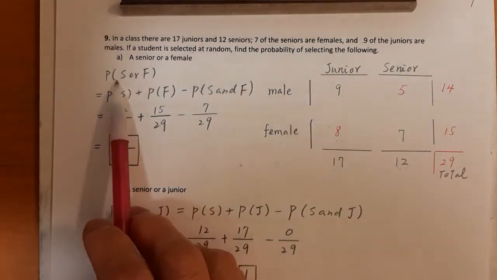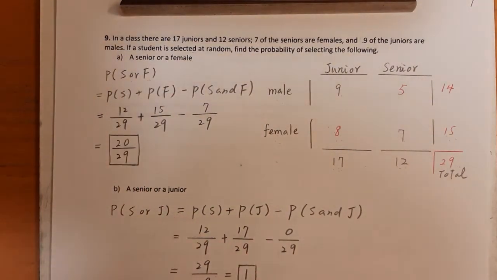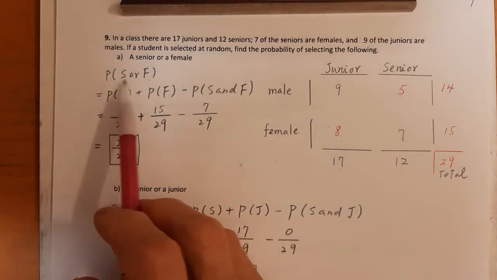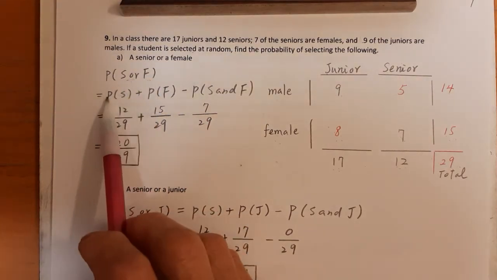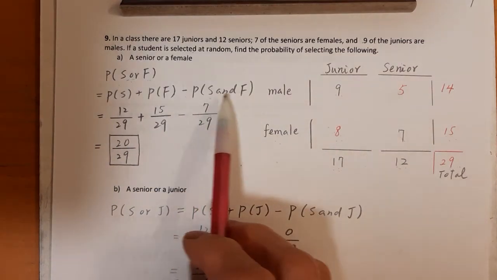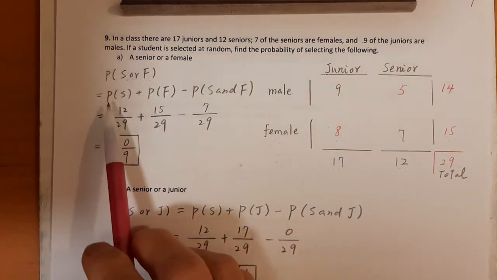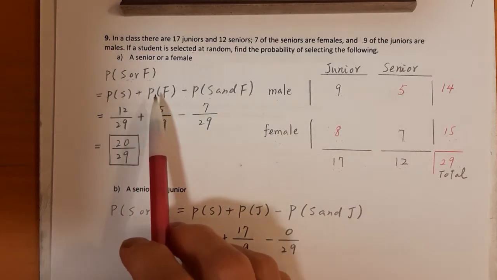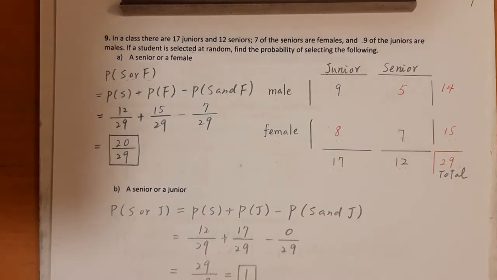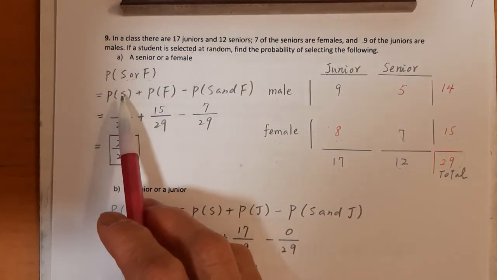So we are looking for the probability of senior or female, and we use the addition rule. Probability of A or B equals probability of A plus probability of B minus probability of A and B. So the probability of senior or female is equal to probability of senior plus probability of female minus probability of senior and female.